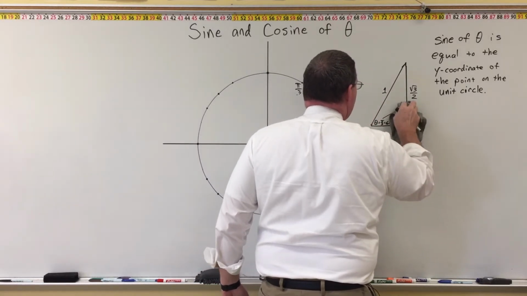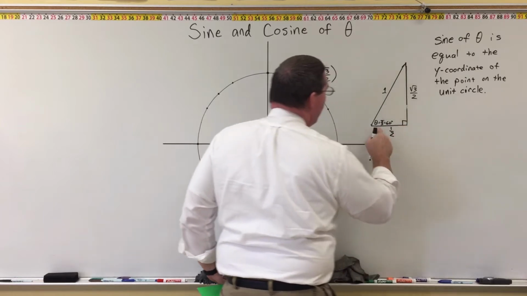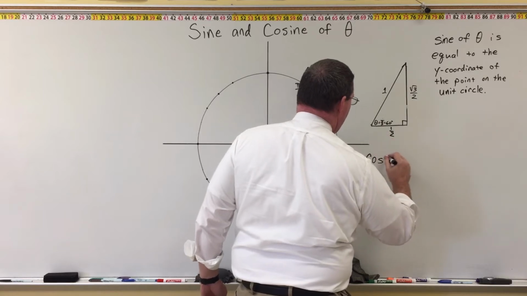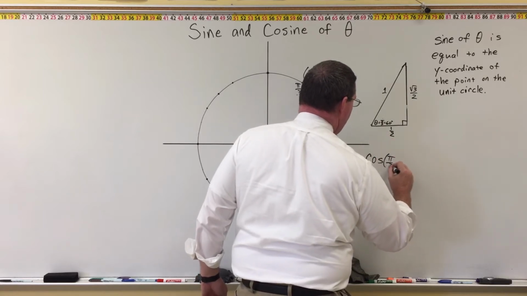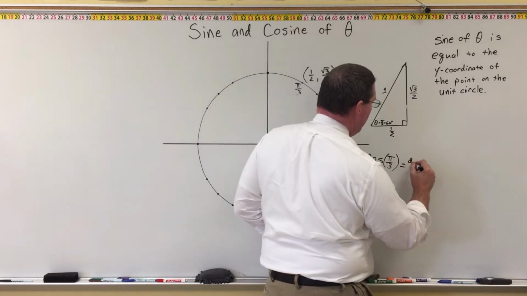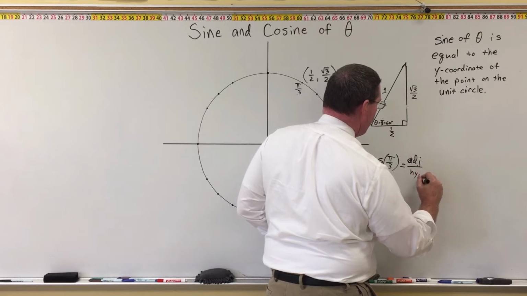Okay, well let's get rid of this. Actually, let's leave this on here, 1/2. Well, now if we want to know the cosine of pi over 3, or theta in this case is pi over 3, we know that cosine is equal to the adjacent side divided by the hypotenuse.